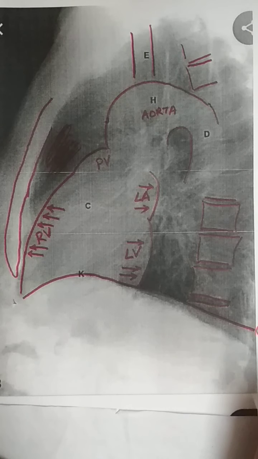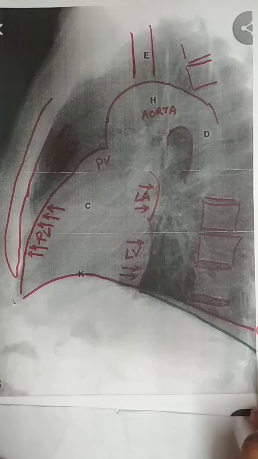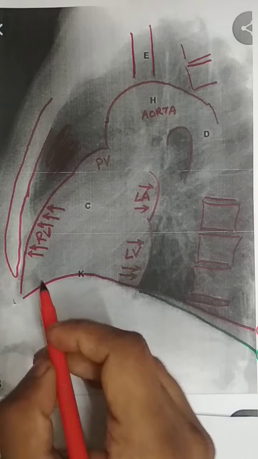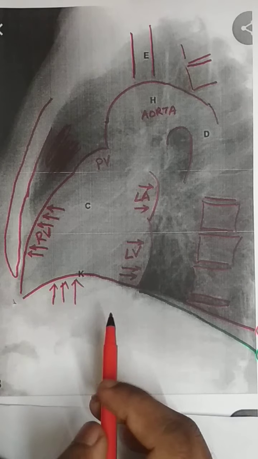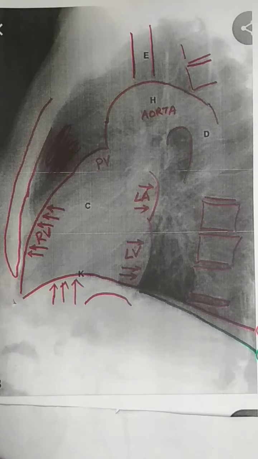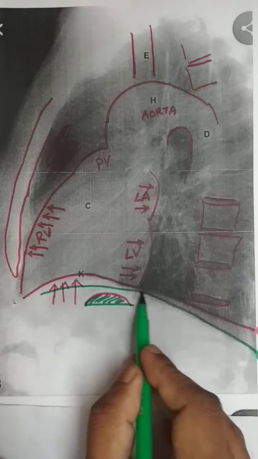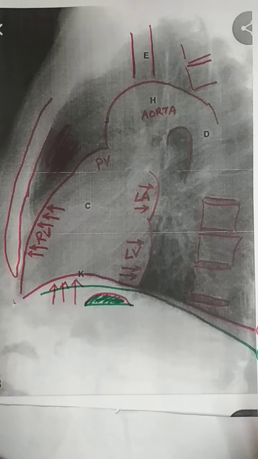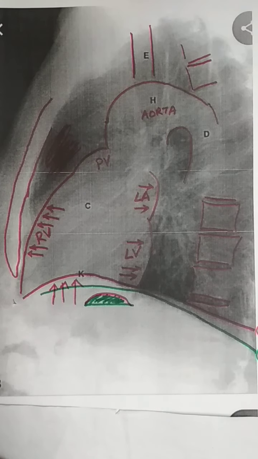Sometimes you can also have a gastric air shadow below the left diaphragm. In this particular X-ray it is not visible, but usually there is some air shadow below the left diaphragm. So this is all about D, the diaphragm.